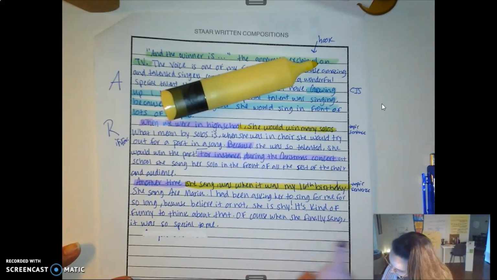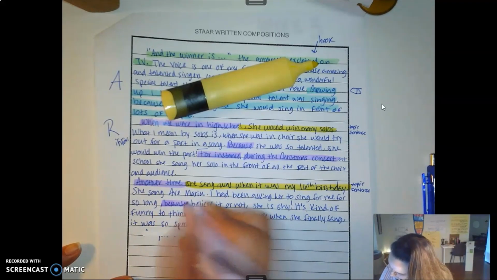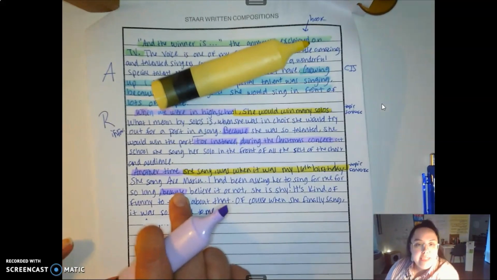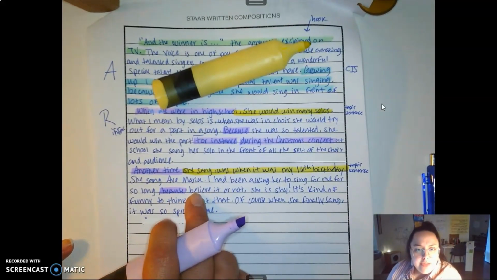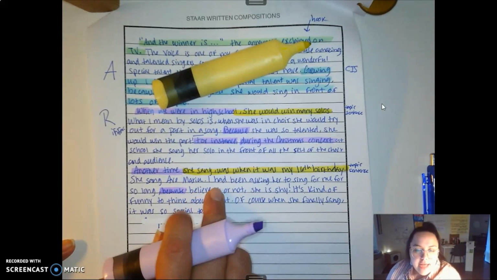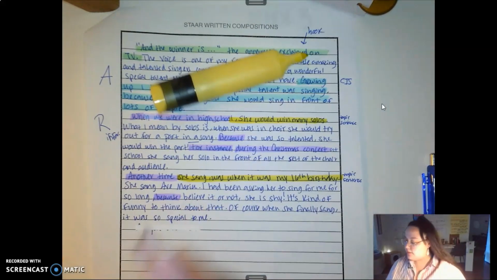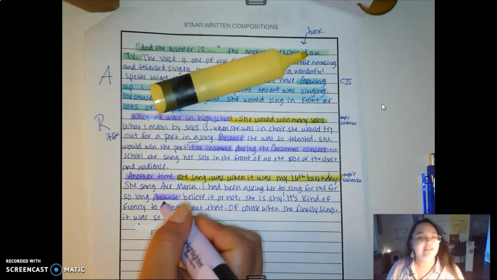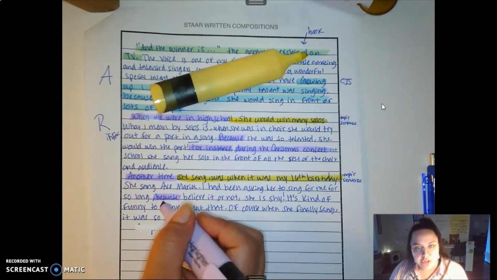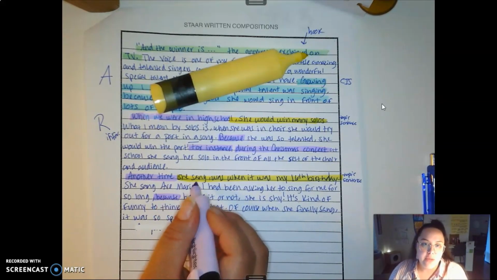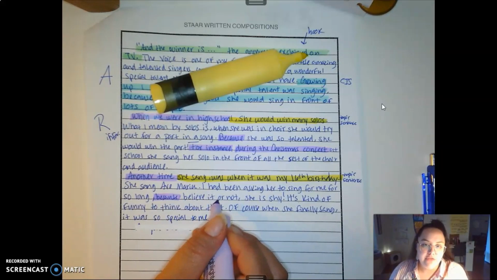I had been asking her to sing for me for so long because, believe it or not, she is shy. Now, after I said the word because, I gave you some extra information about her. I said she's shy. So that's why I used the word because. When we use the word because, we usually use it when we are adding information to the topic. And if the topic is my friend, I've added some information about her.